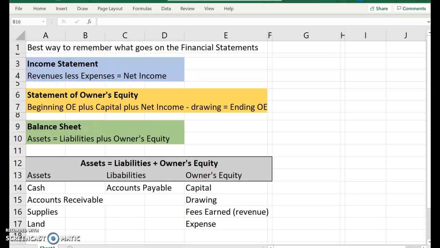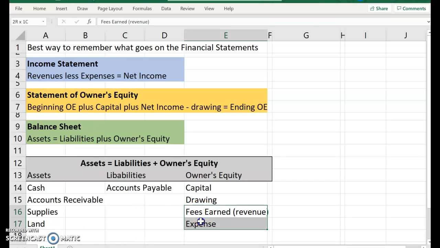So I don't have to remember that it's fees earned minus rent expense, minus salaries expense, minus miscellaneous expense, minus advertising expense. All I have to know is I'm going to go find my revenue account, which is fees earned. And then I'm going to go find all my expense accounts and subtract those out. Those are the ones that I just mentioned: rent expense, salary expense, advertising expense, etc. And that equals my net income.